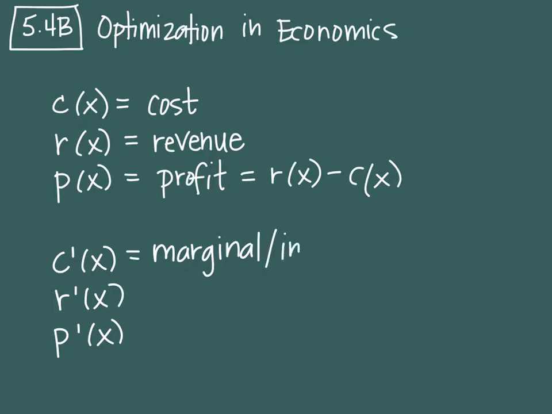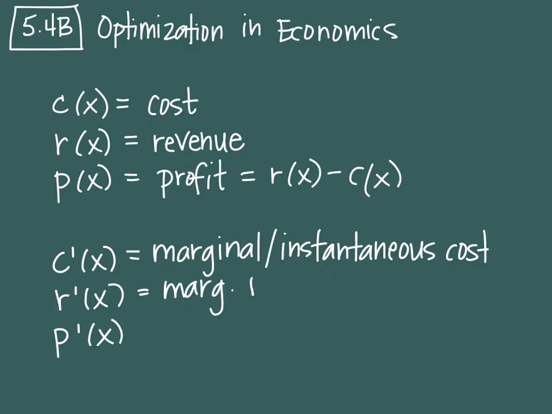So it's the marginal or instantaneous cost. And then you've got marginal revenue, which is the revenue for the very next item, or marginal profit, which is the profit for the very next item.